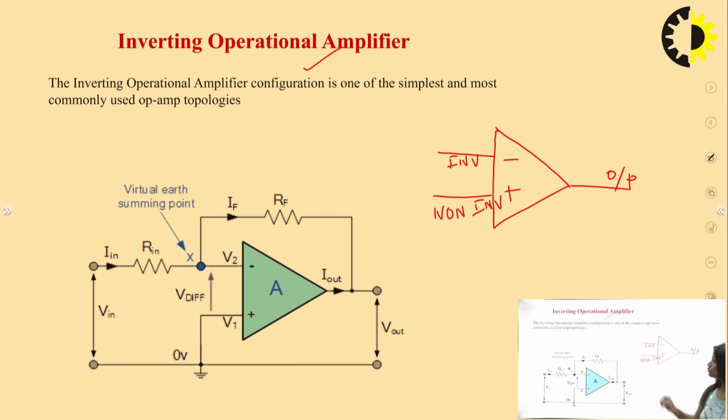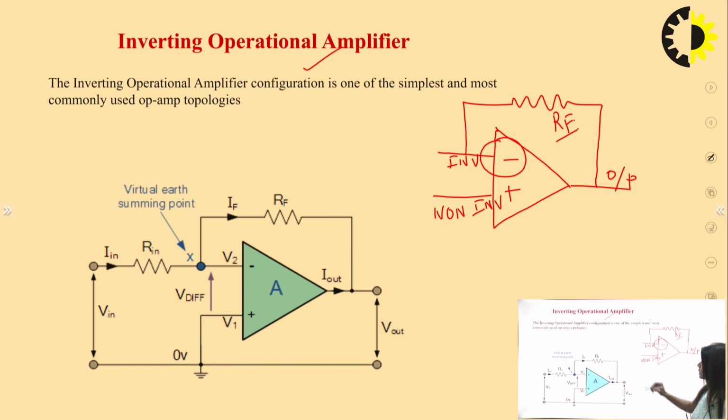First of all, we need to check whether the inverting terminal is connected to the output by a resistance, that is feedback resistance RF. This is the compulsory condition for an inverting amplifier. The second condition is that the input should be given to the inverting terminal of the op-amp, and for this the non-inverting terminal should be at the ground.